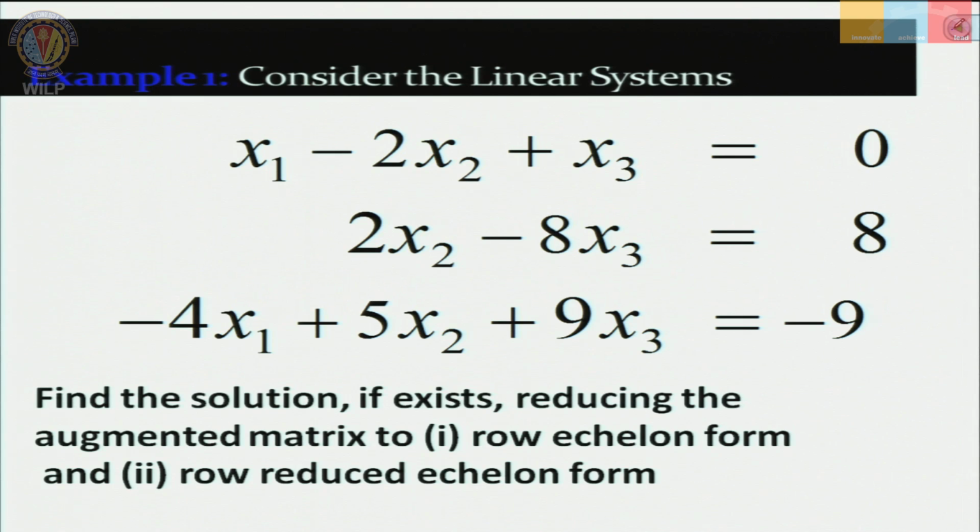So, look at here, in the second equation 2x2 minus 8x3 is equal to 0. So, if nothing is there, means 0 into x1 is there, coefficient of x1 is 0. So, therefore, if you want to find matrix A, then the first row will be 1, minus 2, 1, second row will be 0, 2 and minus 8, third row is minus 4, 5 and 9.